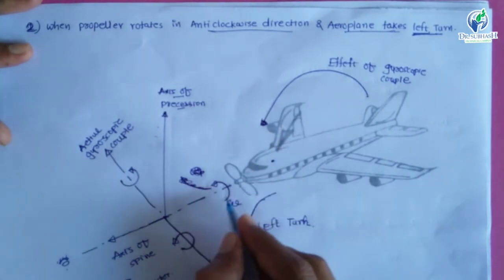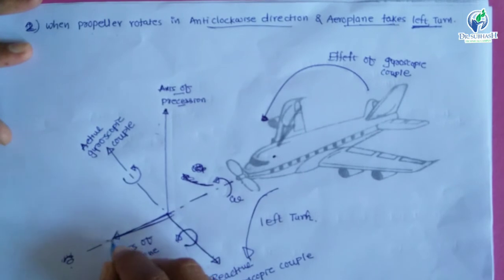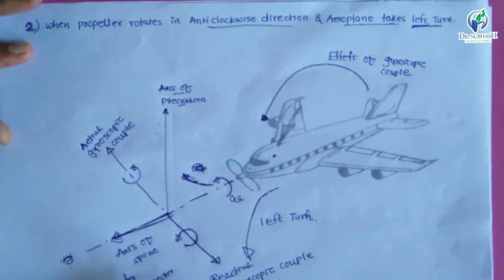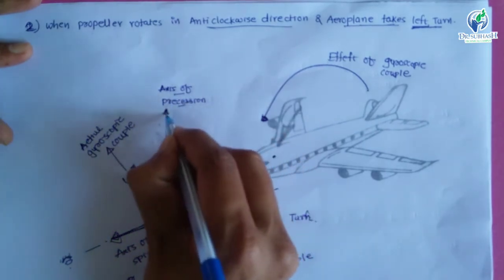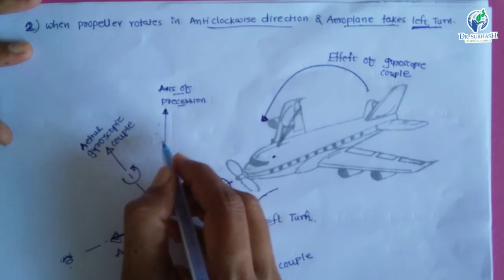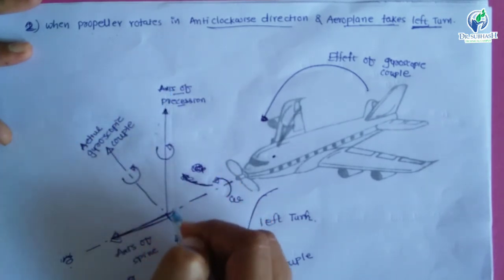Now according to the right hand screw rule, this is the axis of spin, or we can say the vector that represents the direction of angular velocity of the rotor. Again, we know that the axis of precession is always at right angle to the axis of spin.